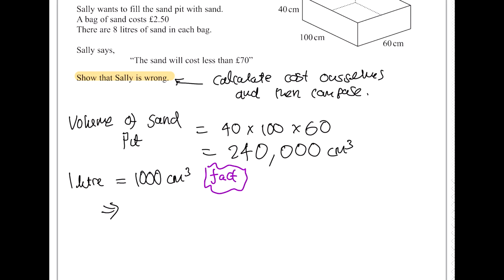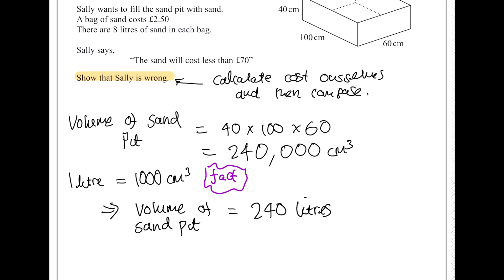So this implies the volume of the sandpit would be equal to, well, you just see how many 1,000, so divide it by 1,000, and that should give you 240 liters. And so you need 240 liters.